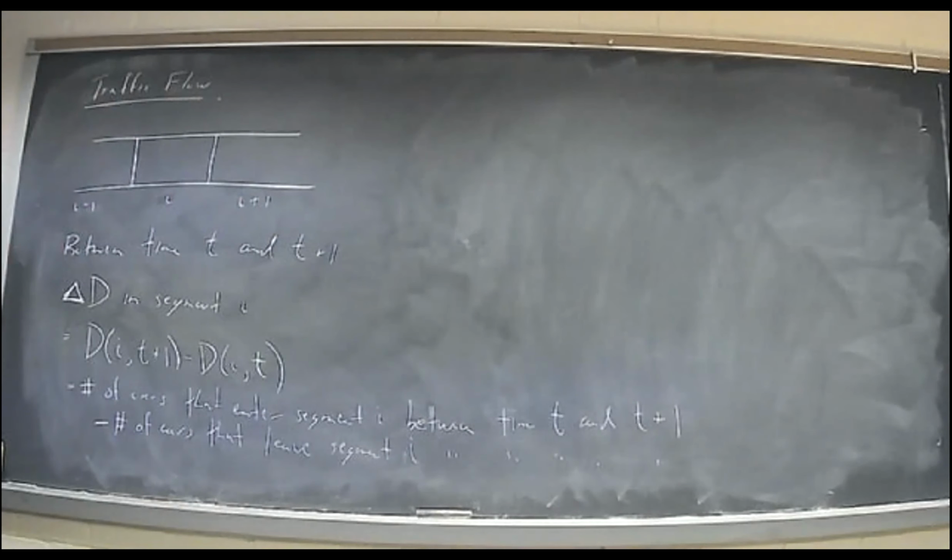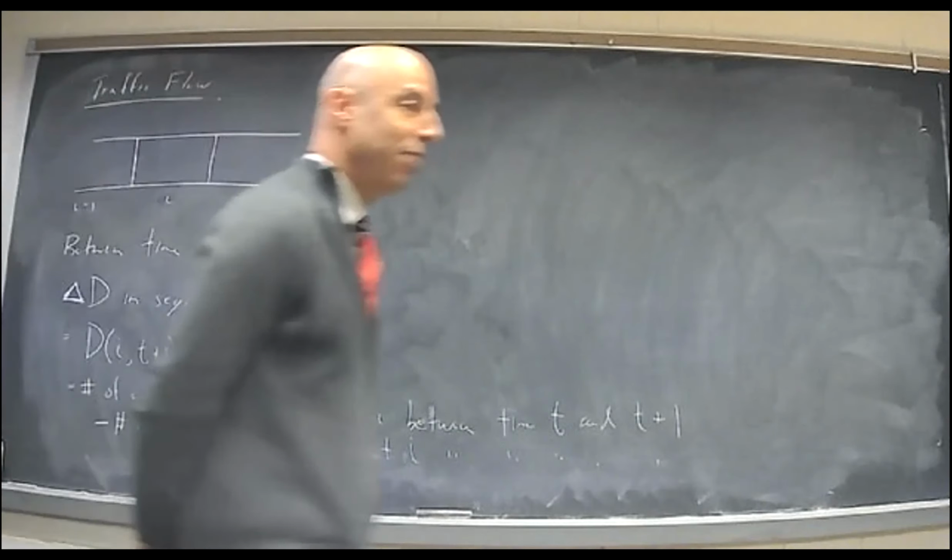So the total change of cars in segment i is the number of cars that enter minus the number that leave.